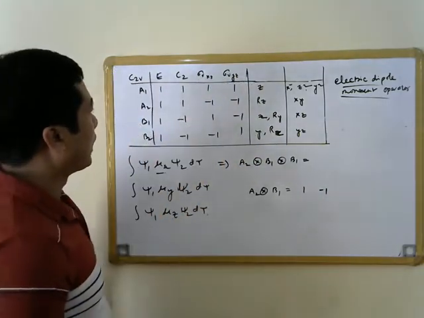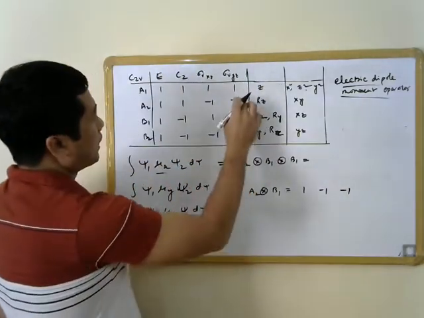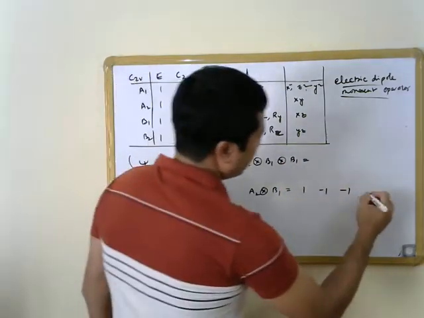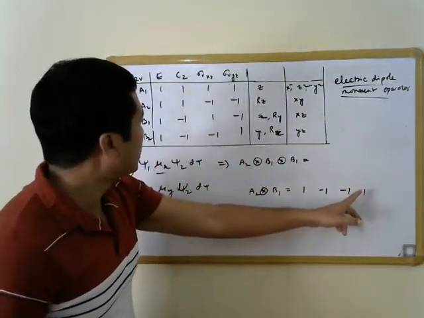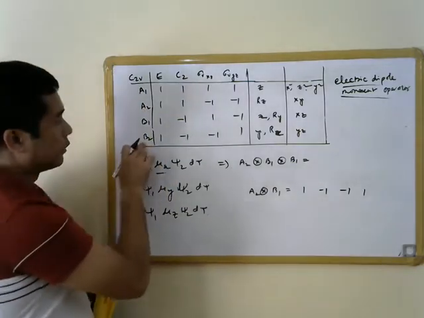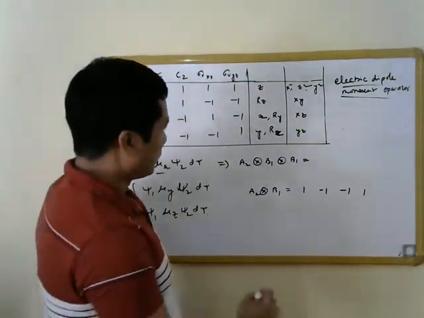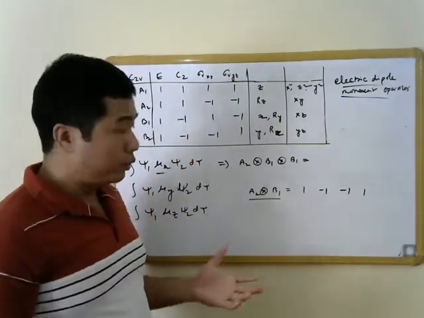The character of sigma xz is also going to be minus 1, and the character of sigma yz is going to be plus 1. So that is 1, minus 1, minus 1, 1, which is essentially B2. So A2 into B1 is equal to B2.